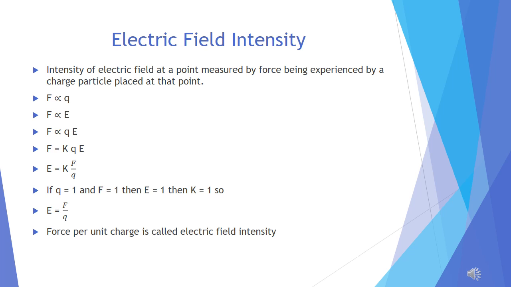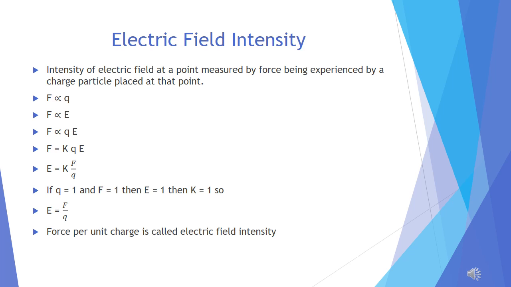Now I take the same charge at one place, it experiences a force. Now take the same charge at another place, it experiences a larger force there. So if the charge is the same, why is the force more at one point and less at another point?